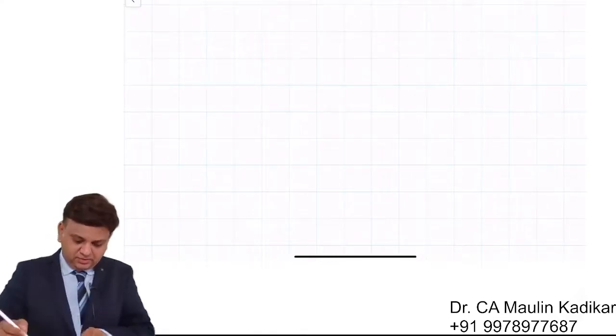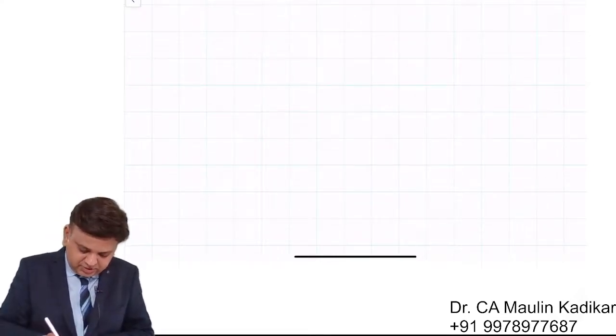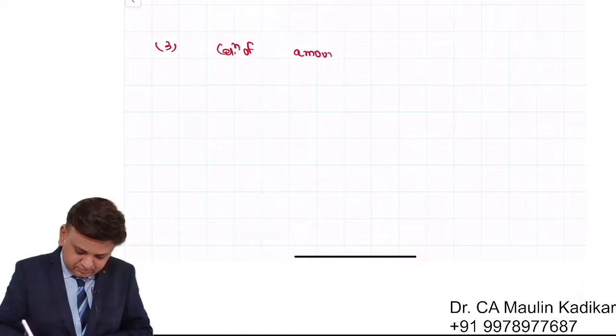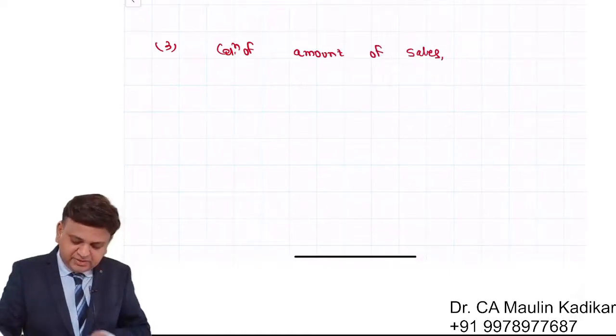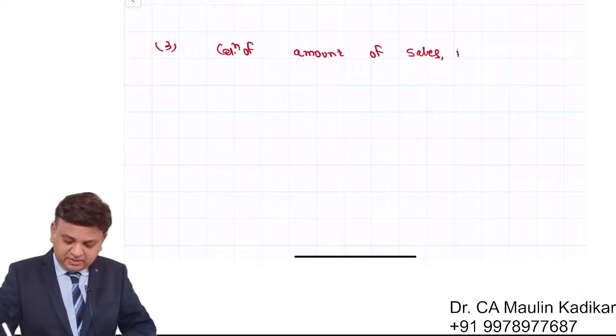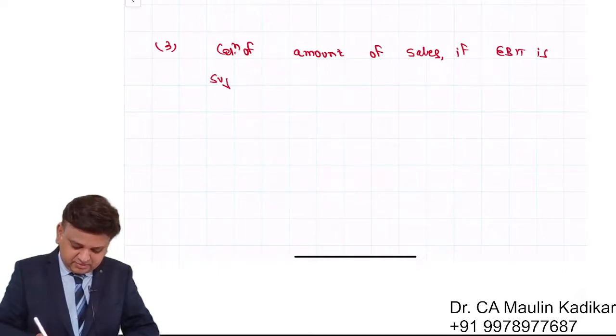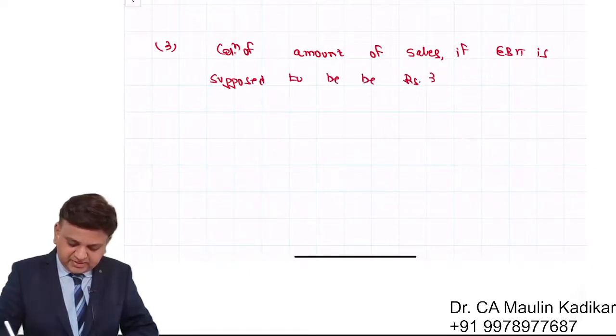Right, on to the answer. Third question answer. Calculation of amount of sales, if EBIT is supposed to be rupees 3 lakhs.